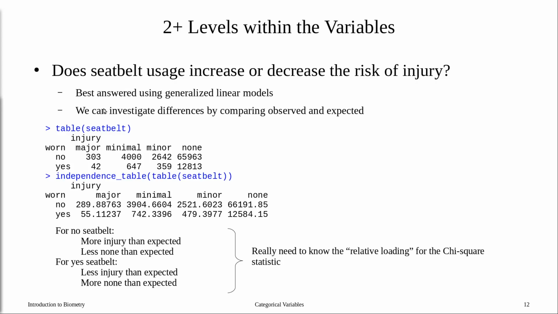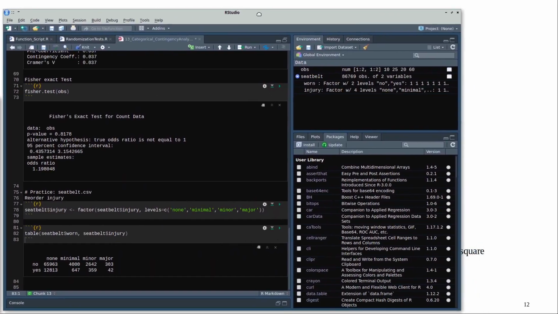How do we look at our expected values? We can use chi-square$expected and look at those. So we did assocstats; now let's run our chi-square test.